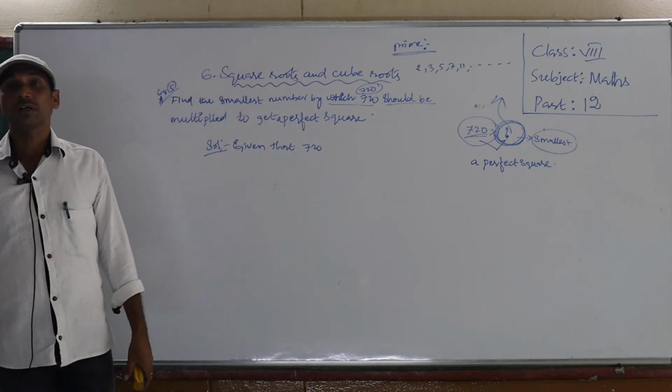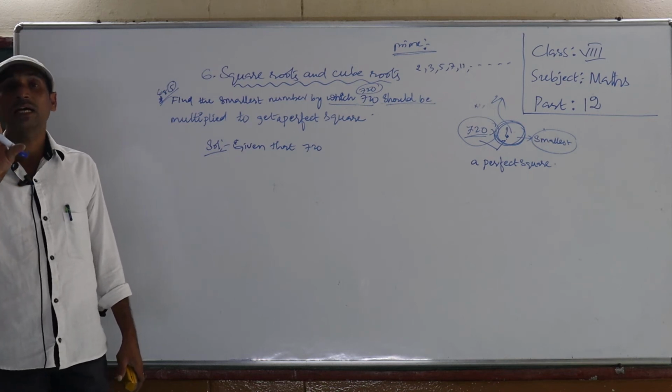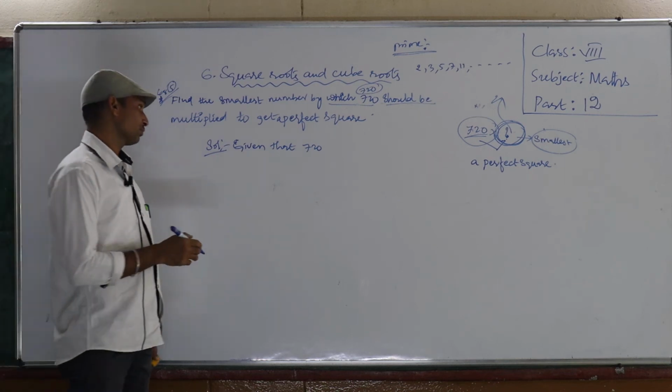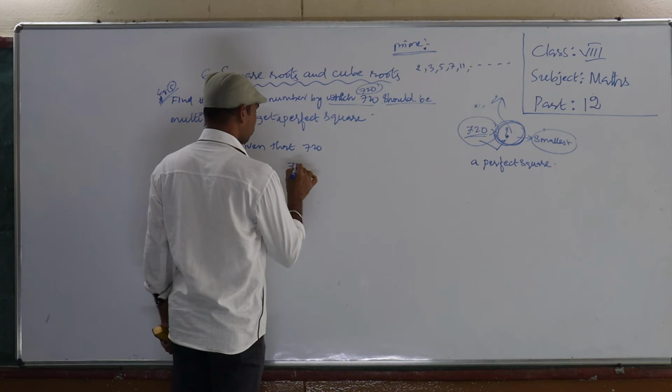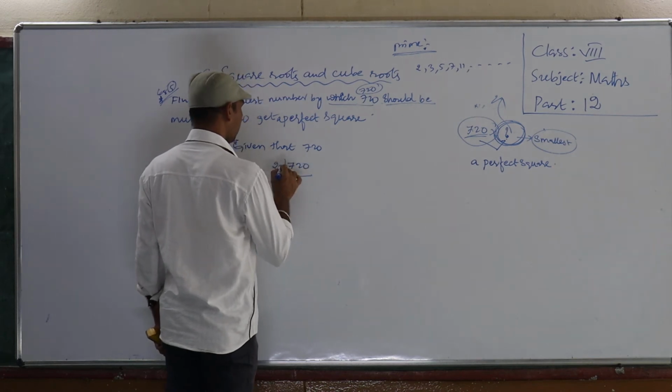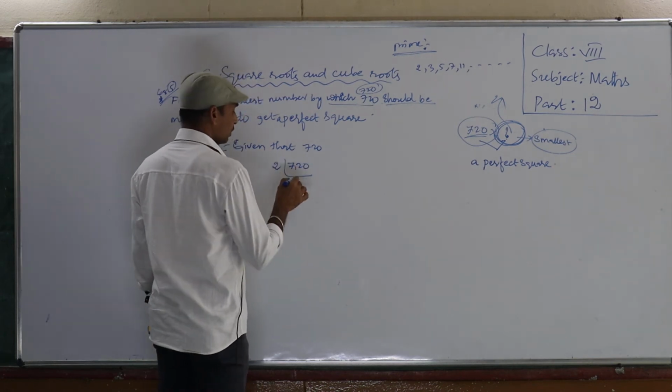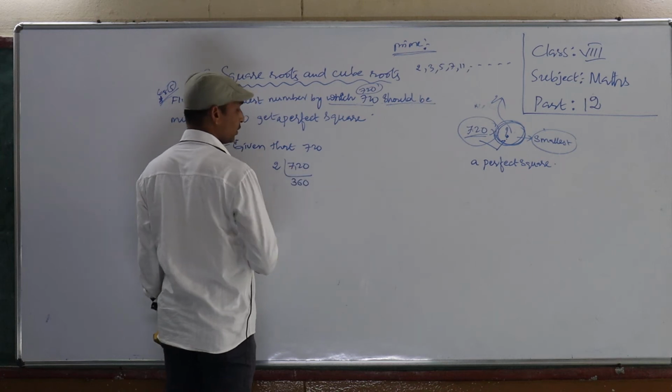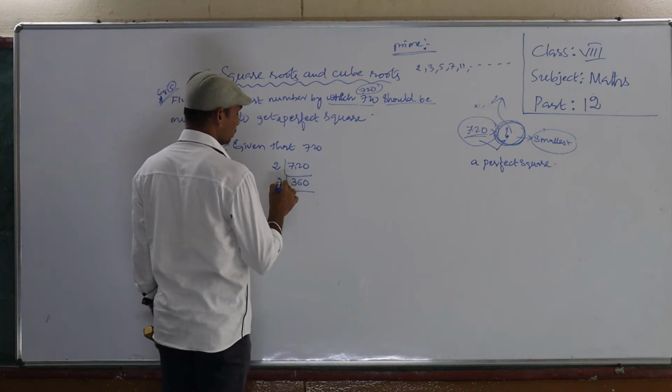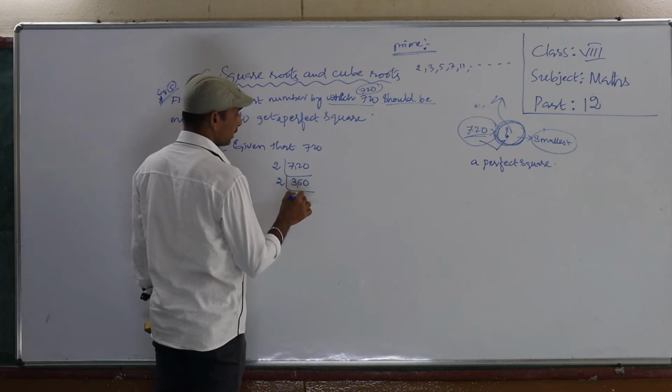What do we have to do? First we have to find out what the prime factors are. Right, 720. Take the 2 table. 2 3s are 6, 2 6s are 12, means 0. Next, 2 1s are 2, 2 8s are 16, 0.